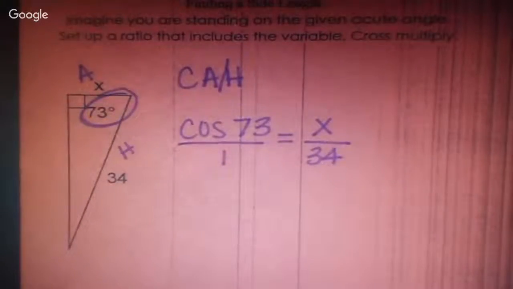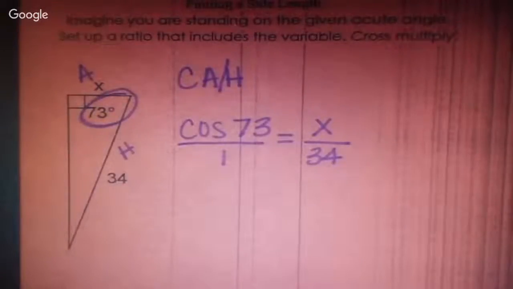Because it changes the value. Dividing by 1 does not change the value. 7 divided by 1 is 7. 214 divided by 1 is 214. When you divide by 1, you don't change the value of it.